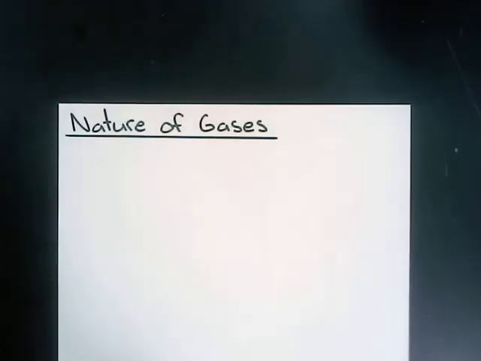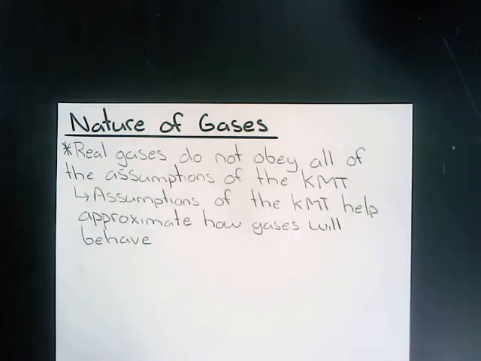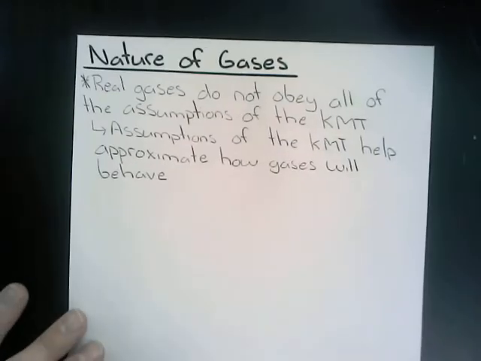So we start out here with just this statement. Real gases do not obey all of the assumptions of the kinetic molecular theory. But what those assumptions that we've just got done talking about do is they help approximate how gases will behave in the real world. Now, as we talk about this business of the nature of gases, we need to keep in mind the following.